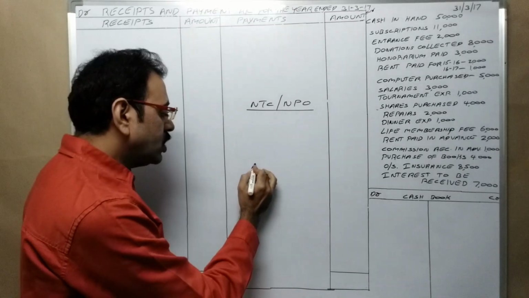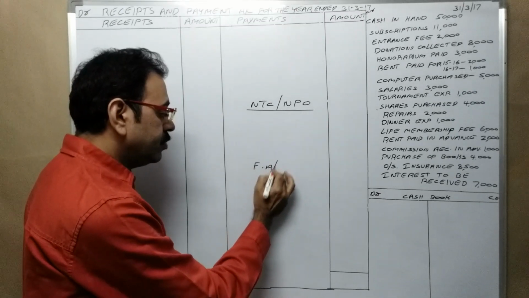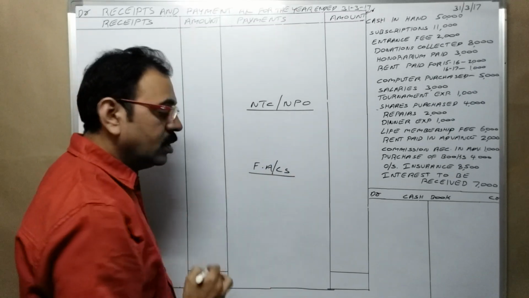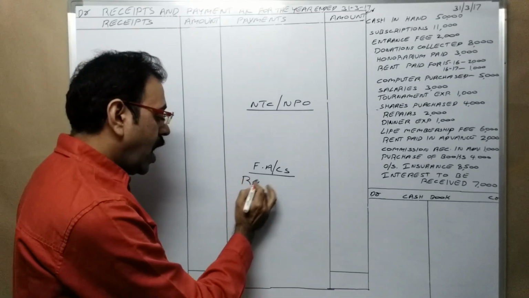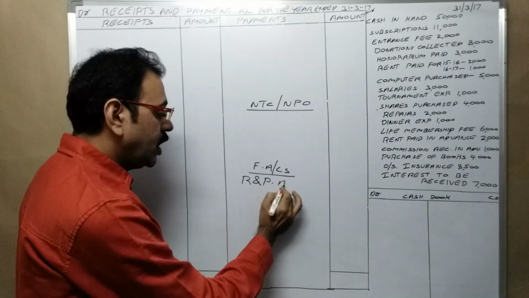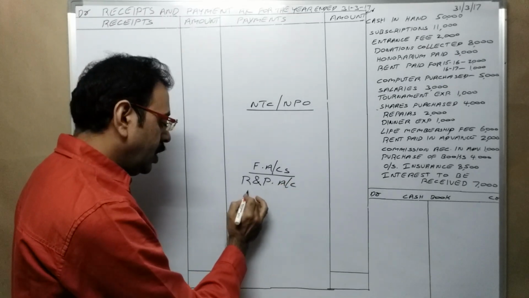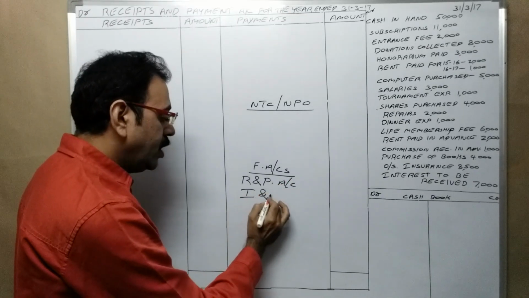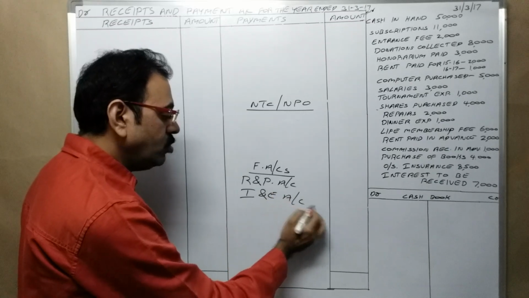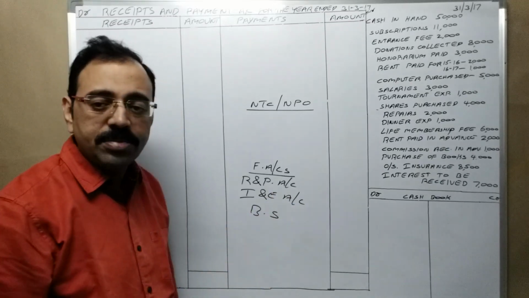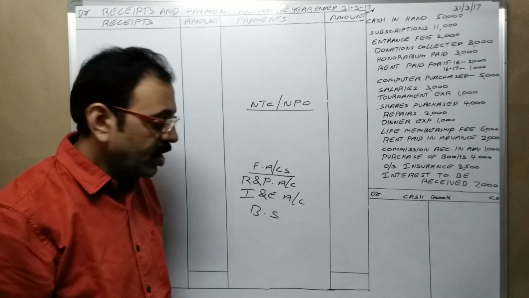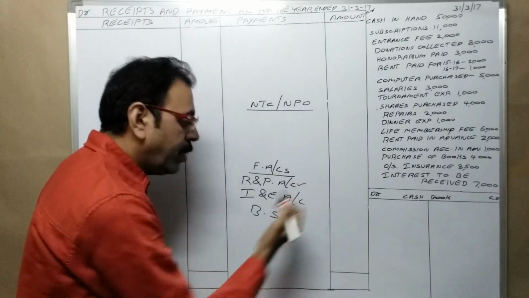Their final accounts contain three components: receipts and payments account, income and expenditure account, finally balance sheet. Now, why do we prepare receipts and payments account?